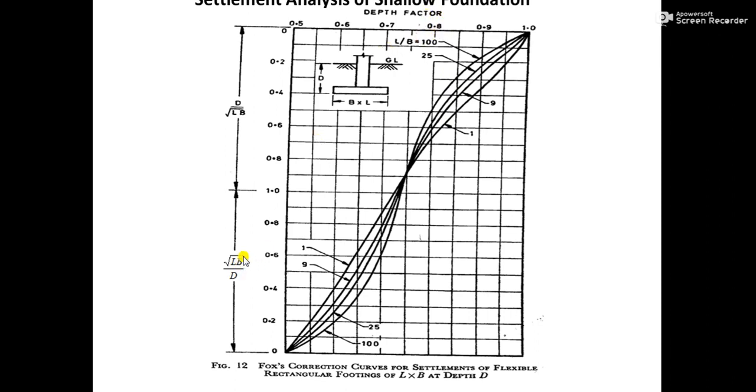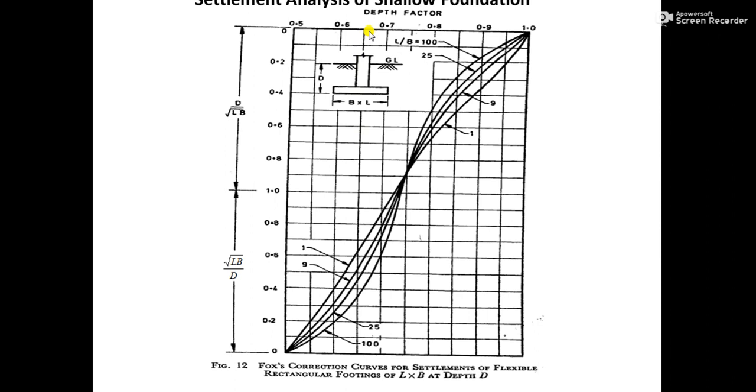However, if you get root over of LB by D equal to 0.6, then you pick up the value from here. So 0.6, you come over here, this is your square footing, so L by B is equal to 1. You go up and drop a perpendicular, you come somewhere to this point, so your depth factor value will be 0.65.